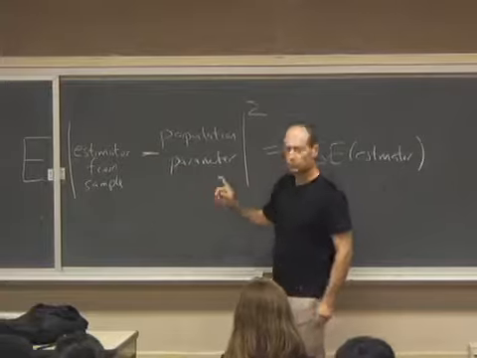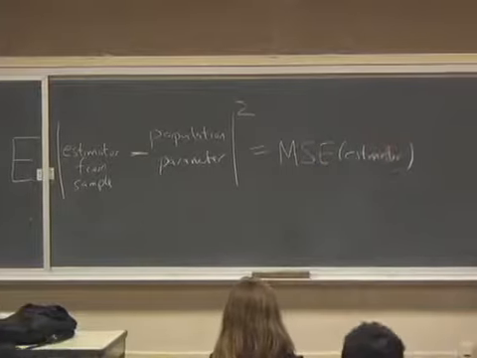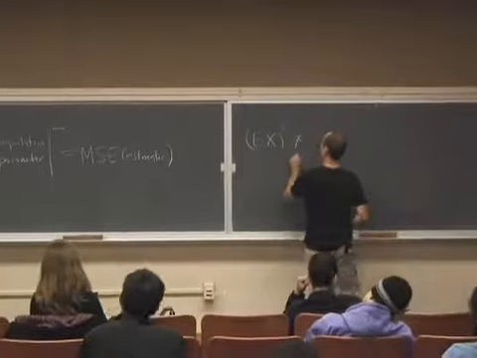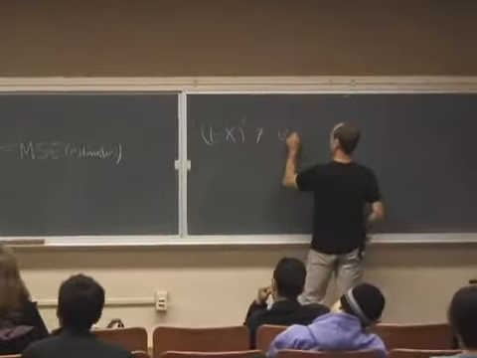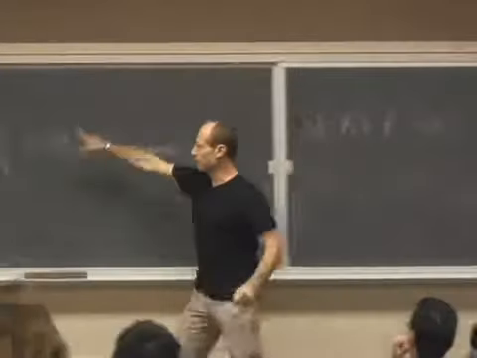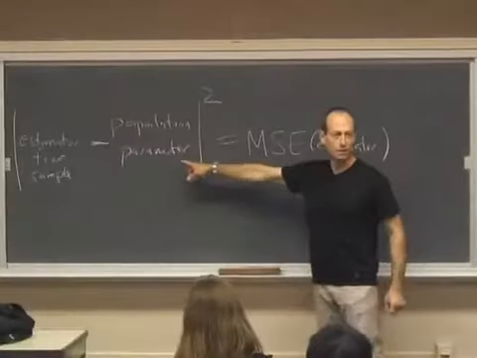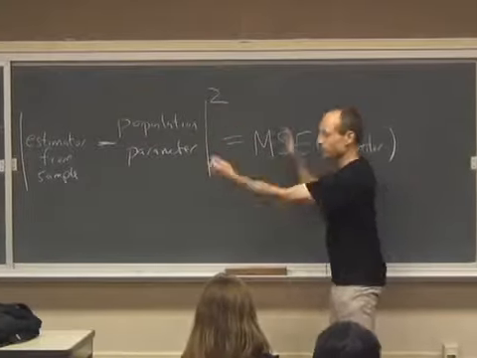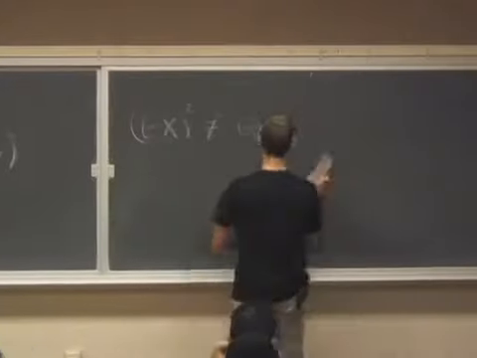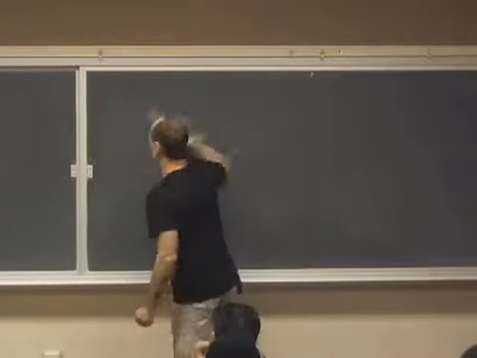Remember that the expected value of X squared is generally not equal to the square of the expected value of X. It's the expected value of the square. This is in general.